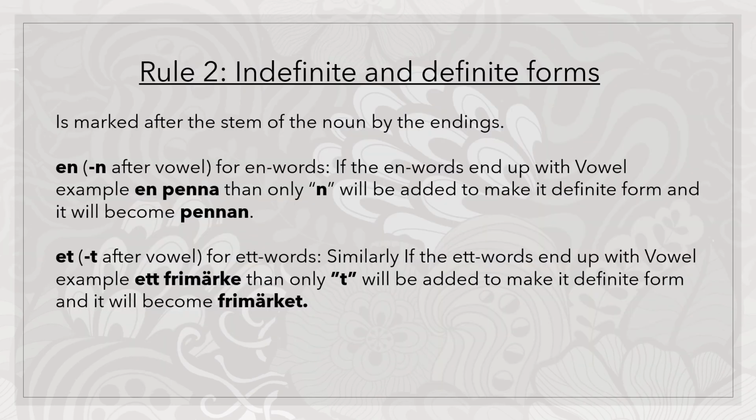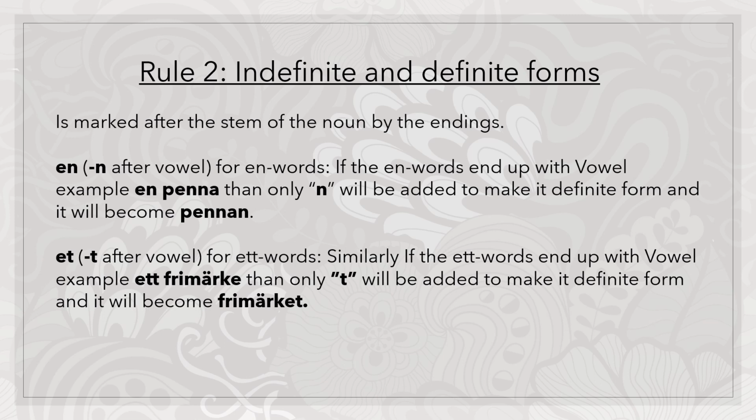If you have seen in the last slide that en bank becomes banken, en is added at the end of the word to make it definite or bestämd form. So there are so many words where en will be added at the end to make them bestämd or definite form.